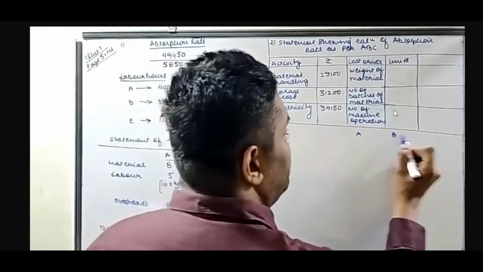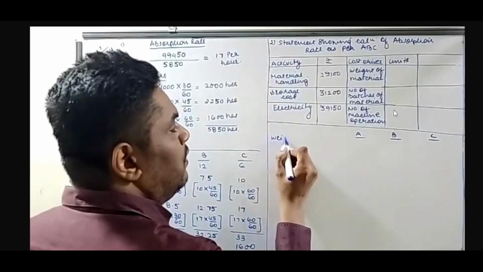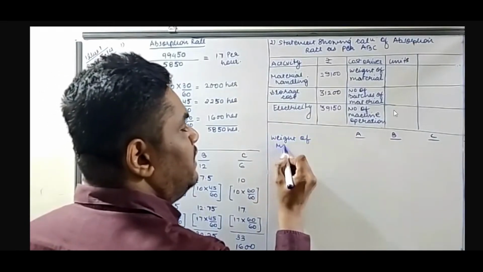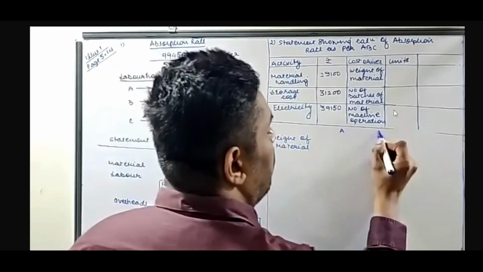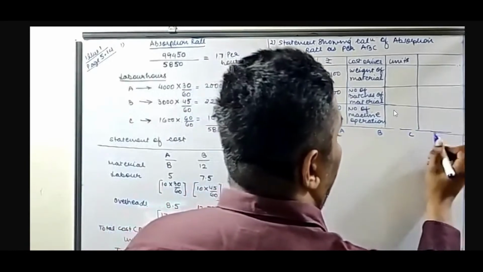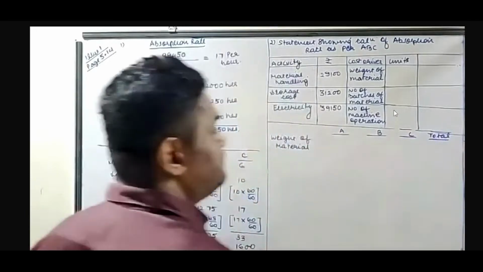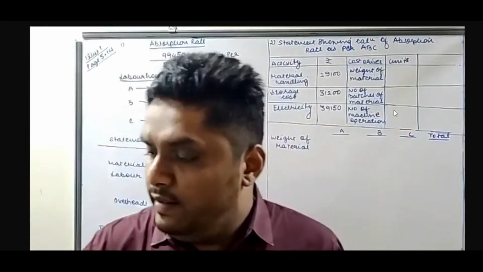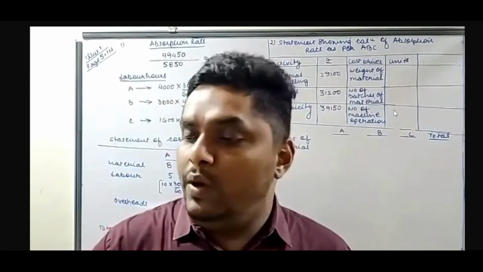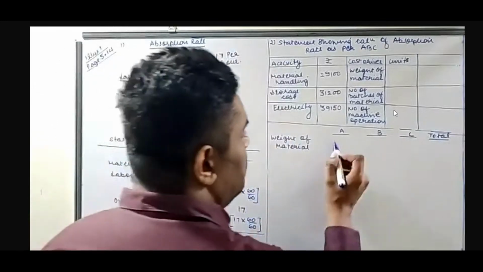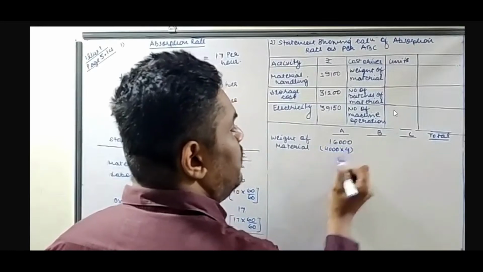So I'm writing it for better understanding. There are three products A, B, and C. When talking about the weight of material, for product A, 4,000 units are manufactured and every unit requires 4 kgs. So what will be the total raw material used in A? 16,000 kgs.